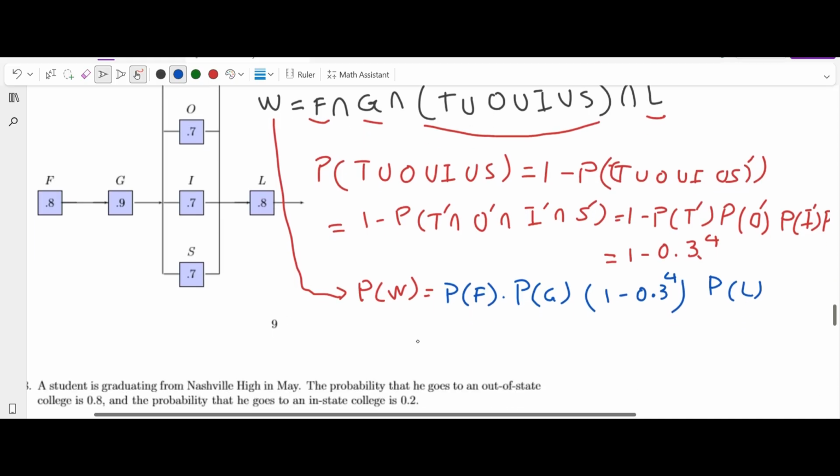Probability of F is 0.8 times 0.9 for probability of G times 1 minus 0.3 to power 4 times 0.8 for probability of L.